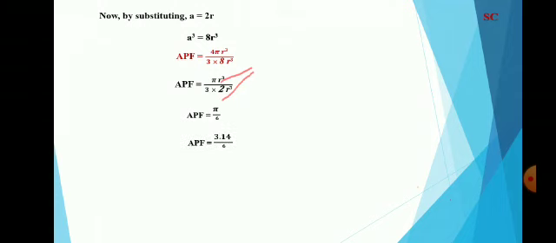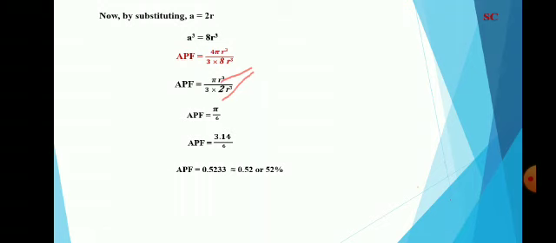Putting the value of pi, we get 3.14 divided by 6. We get the atomic packing factor is equal to 0.5233, which is 0.52, or 52% if multiplied by 100.